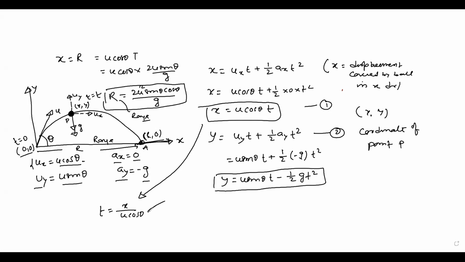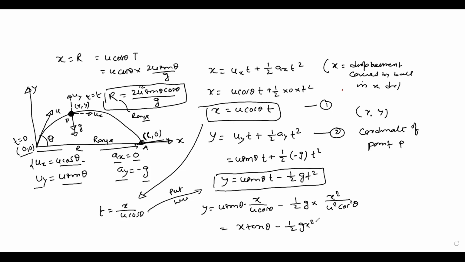If you put this value in this equation, we may write y equals u sin theta times x by u cos theta minus half g x square by u square cos square theta, right? So we may write it as x tan theta minus half g x square by u square cos square theta.